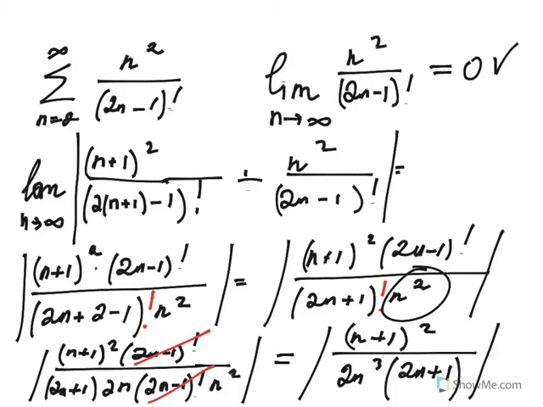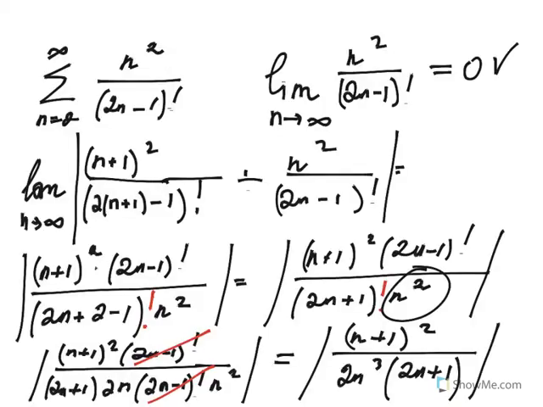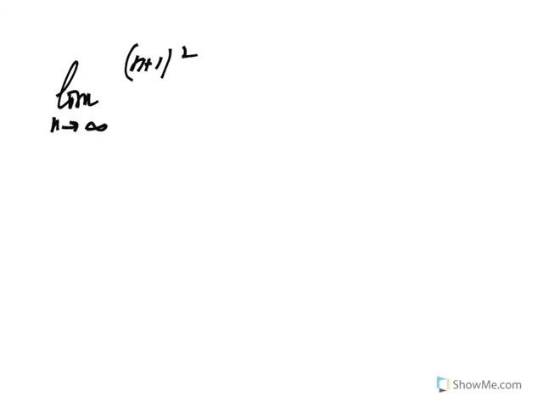So let me just copy it here. So limit as n approaches infinity. So we got n plus 1 squared, I believe. Yes. And then we got 2n cubed, and then 2n plus 1.